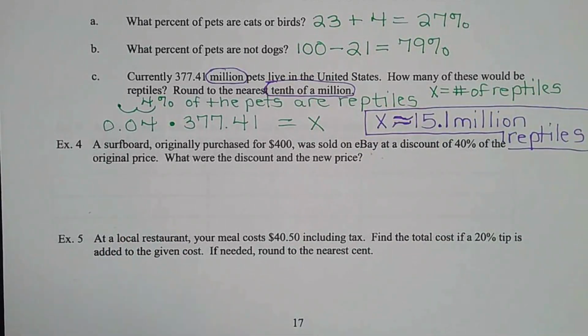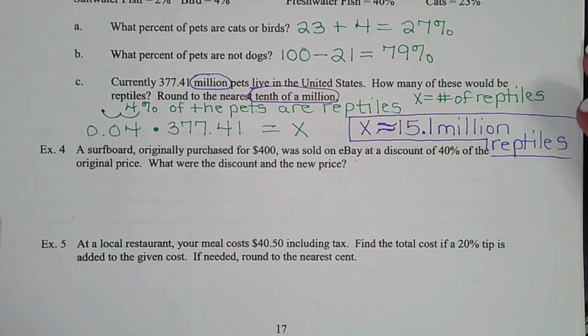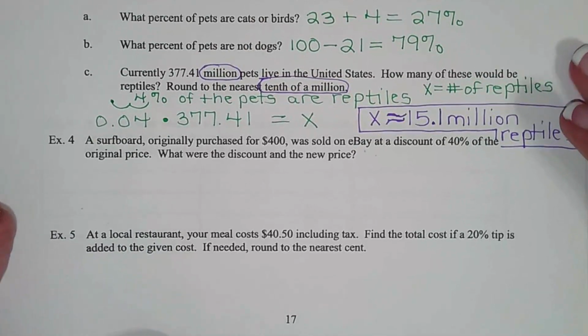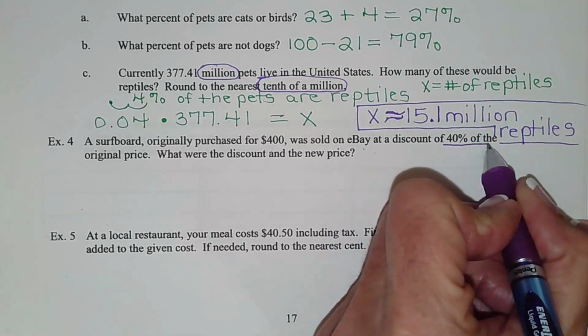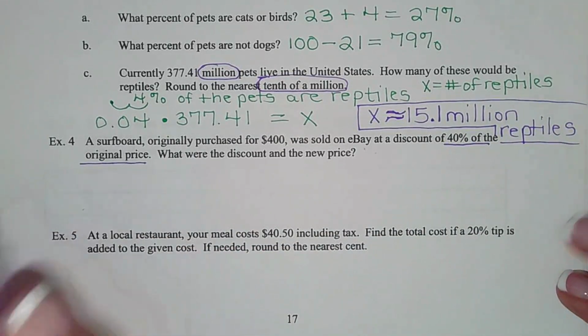So let's do a couple word problems with percentages. A surfboard was originally purchased for $400, and it was sold on eBay at a discount of 40% of the original price.